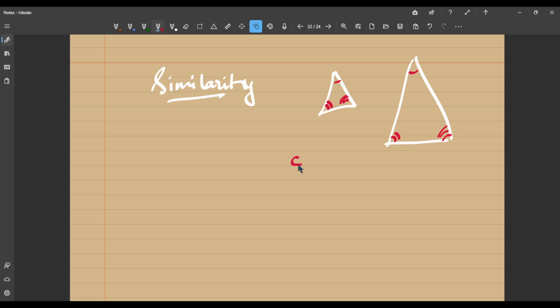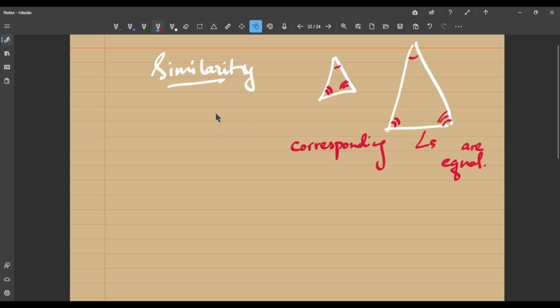We call this that the corresponding angles are equal. And what we did later, that we defined similarity this way. So this happens means the triangles are similar, and we denoted it by this symbol.